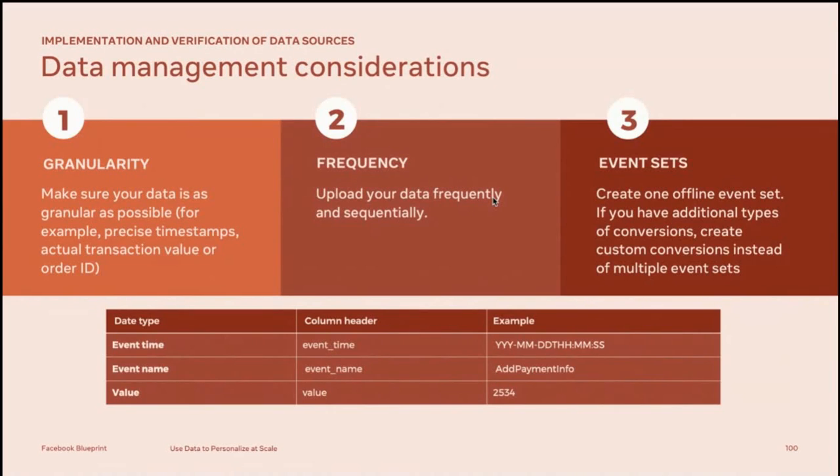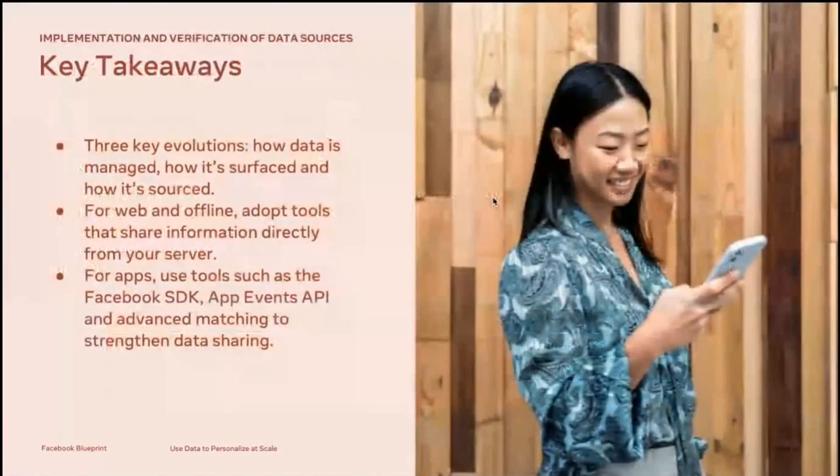Okay, so with that, we have come to the end of this module. Let's quickly recap what we have learned. Personalized advertising does not need to be at odds with people's privacy. The path to personalized advertising in a privacy-first world starts with three key evaluations: how data is managed, how data is surfaced, and how data is sourced.